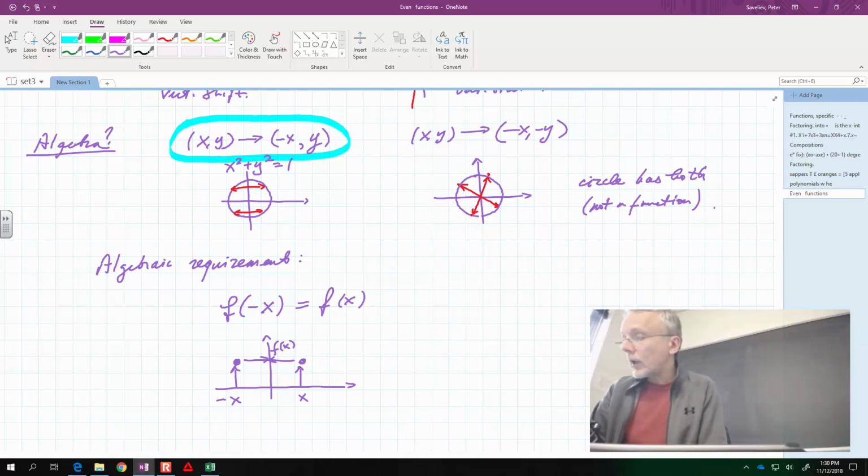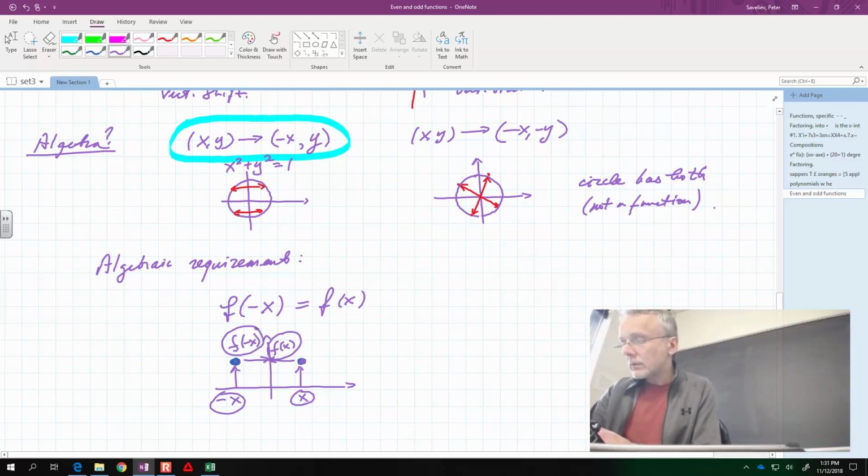For these points, presumably they are on the graph of the function, which means that they correspond to the value of y on the y-axis. If I start on the right with x, I end up with f of x, right? But if I start with negative x, I end up with f of negative x. They would have to be equal to each other in order for the symmetry to be satisfied.